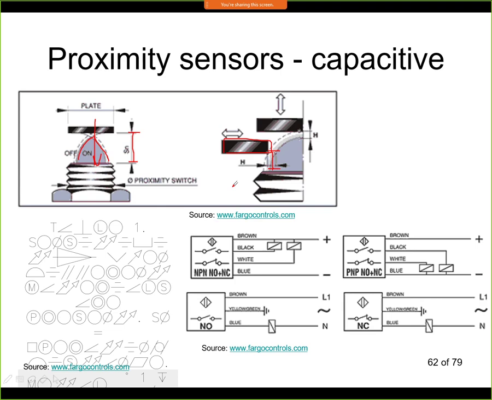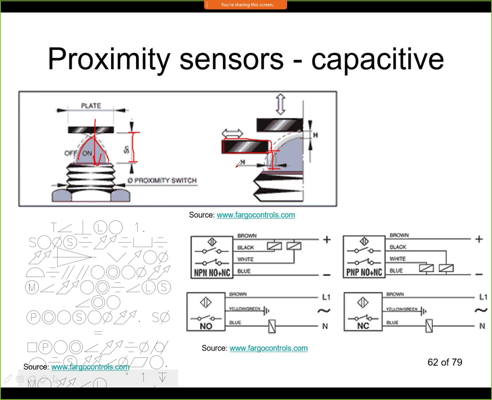And for other materials that are less conductive, the detection distance gets smaller. So for example, if I want to detect wood or plastic or water, then it will be approximately 0.5 of the detection distance. I'm saying approximately because it actually really depends on the properties of the material.